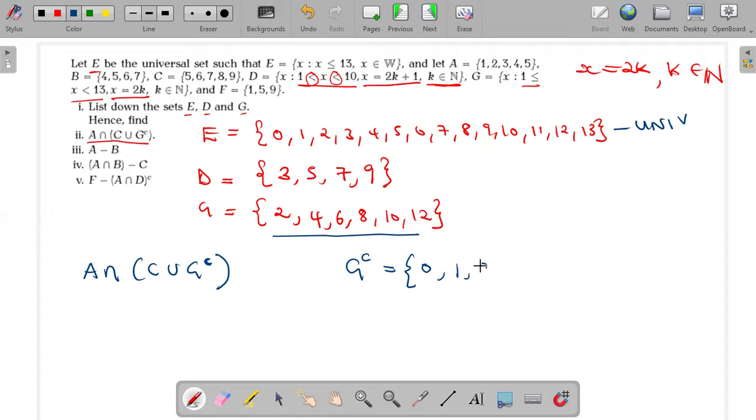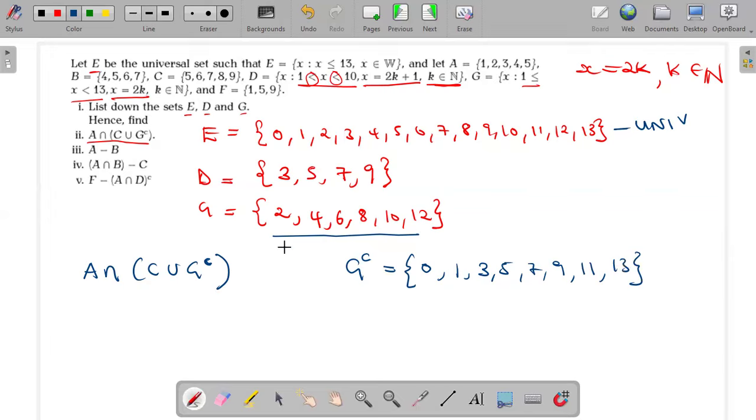Then I can get 3, 5, 7, 9, 11, and 13. So this here is my G complement. That's how you get the complement of a set.